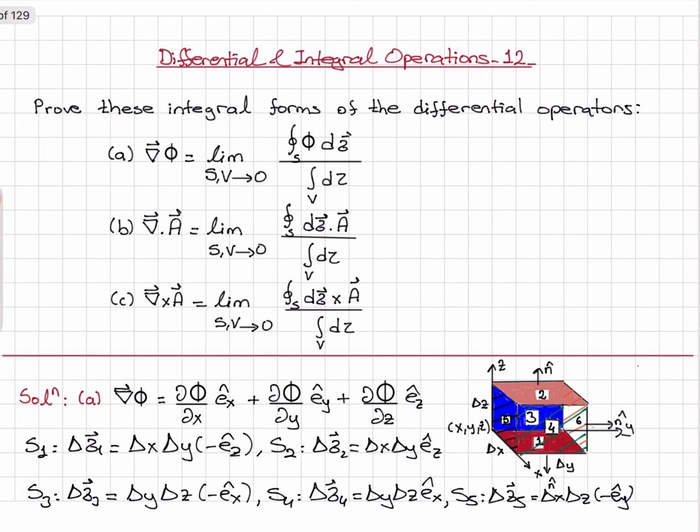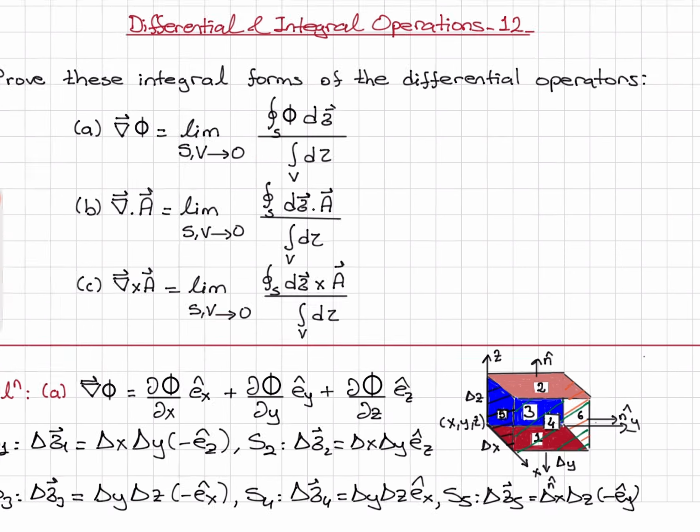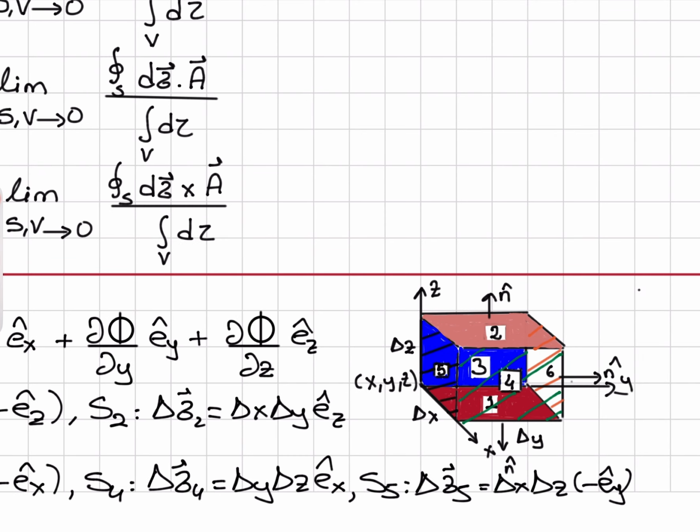Okay, so let's go over what we did here. Gradient of phi, the integral form of the differential operator definition: limit S and V go to 0, closed surface integral phi d sigma over the volume integral d tau. Now I'm considering an infinitesimal volume, delta x, delta y, delta z, and for the volume going to 0, this becomes dx, dy, dz.